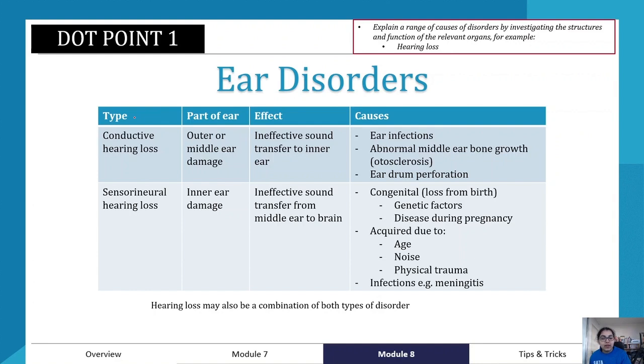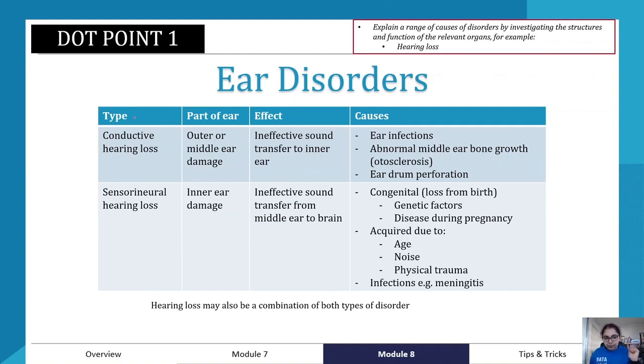Sensorineural hearing loss, on the other hand, is when there is damage to the structures of the inner ear. That is when there is an ineffective sound transfer from the middle ear to the brain, because things are not moving through the inner ear. So sound cannot go through to the brain.